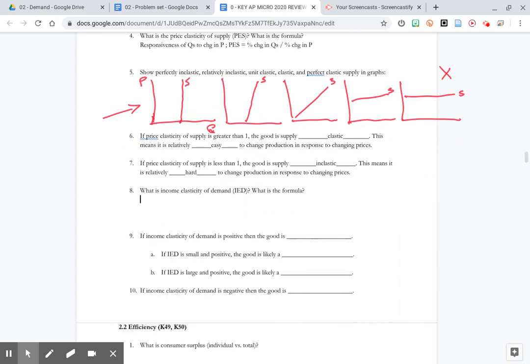Income elasticity of demand is the responsiveness of QD to a change in income. And that's a percent change in dollars of the income. So we'd say IED, income elasticity of demand, is equal to the percent change in QD divided by the percent change in income. And again, the dollars always go in the denominator on these.